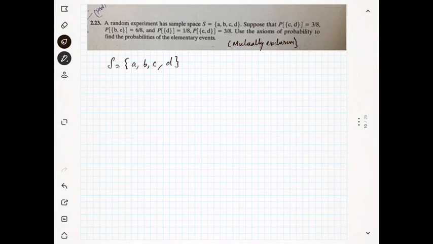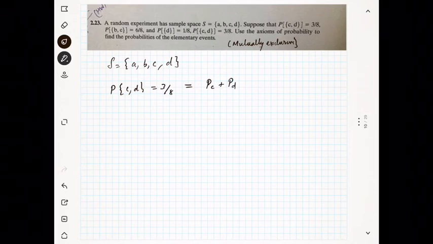And it is given that probability of C comma D is equal to 3 by 8. So probability of C comma D is nothing but probability of C plus probability of D, and there is nothing common in that, that is given as 3 over 8. And probability of B comma C is also given, it is 6 by 8.